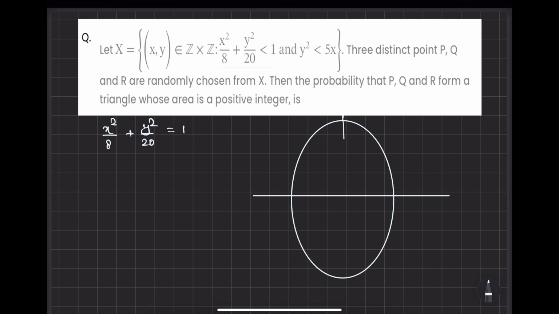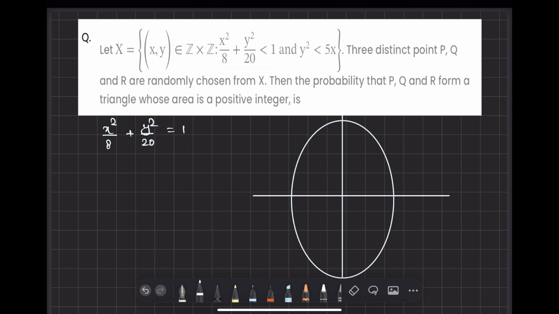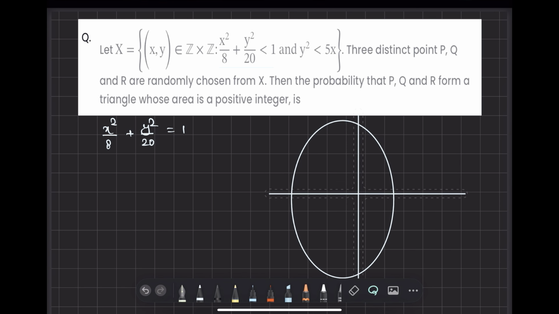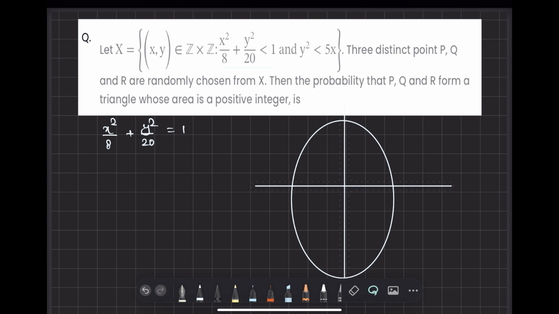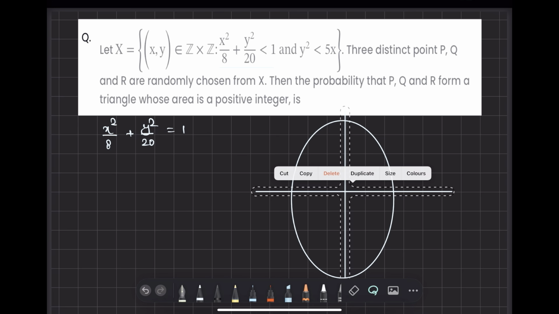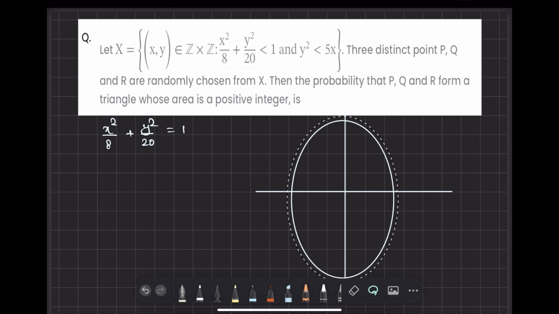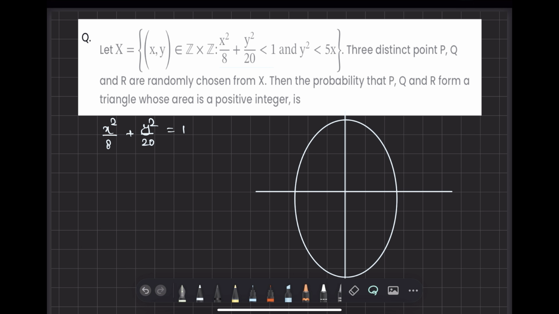Okay, so we got our vertical ellipse. So this is our vertical ellipse.